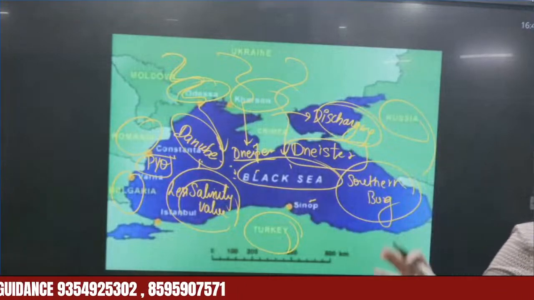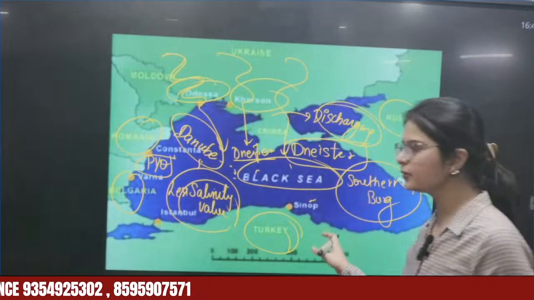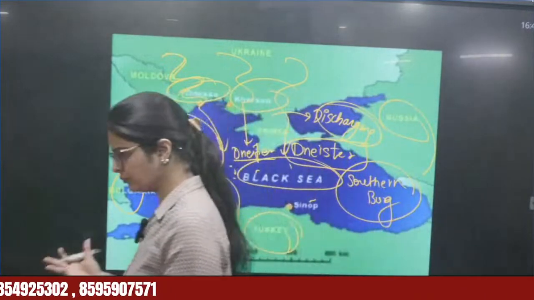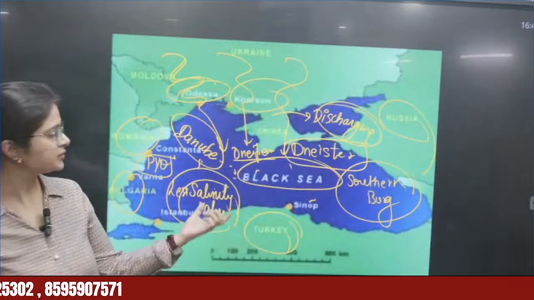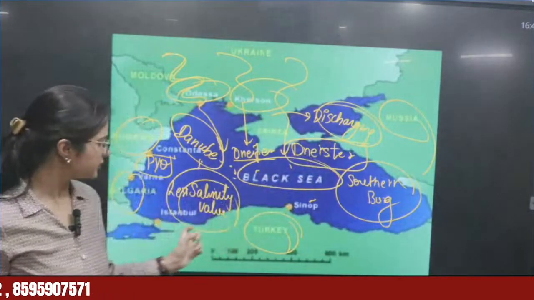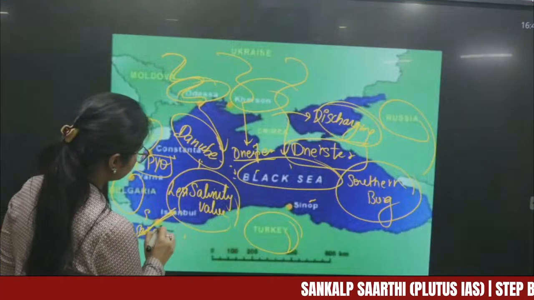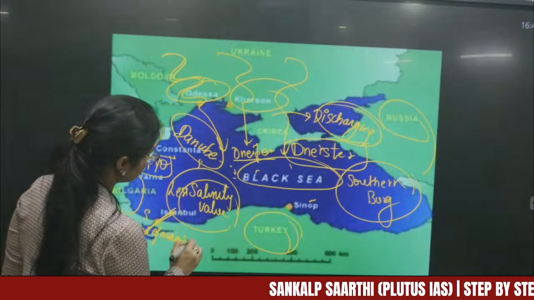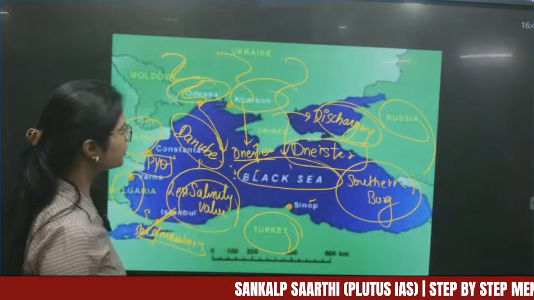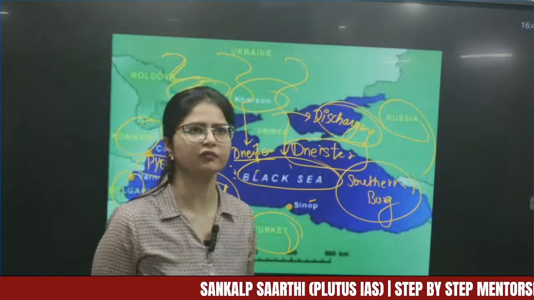So these points you have to take care of. When you're reading something, you have to also see bounding nations. You have to see the straits which are coming. For example, there are two straits over here. This is Sea of Marmara. All of this should be taken great care of.